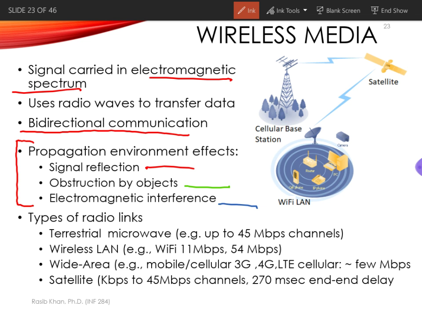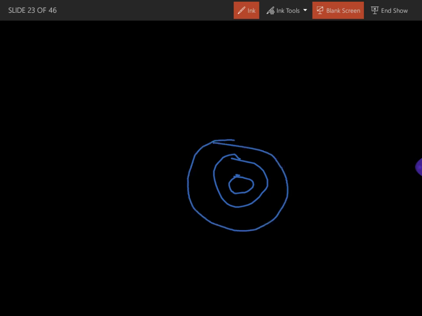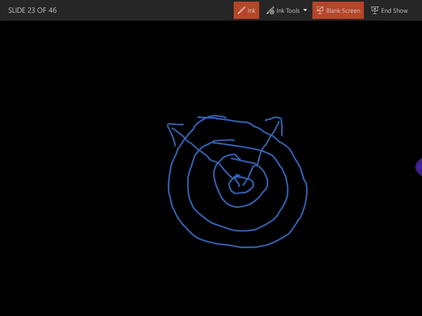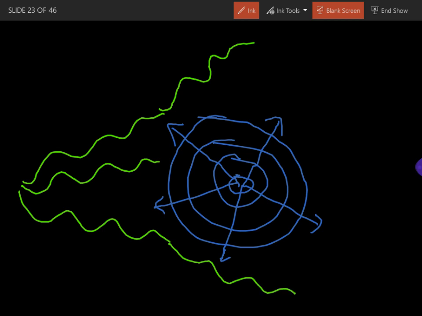In the third case, we have electromagnetic interference, and this occurs when we have a neighboring field of electromagnetic signals, let's say propagating from some device, and we have electromagnetic waves coming in like this, and because of this electromagnetic field, the incoming waves get modified in the way they can propagate.